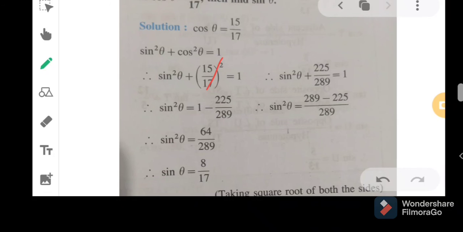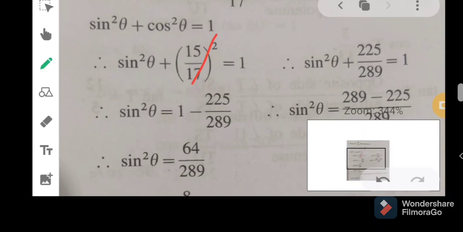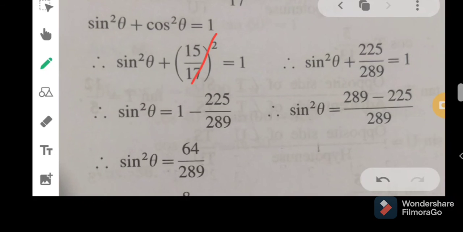Similar to the last example, we substitute the value of cos theta in this expression and find sin theta. Sin square theta plus cos square theta equals 1. This is our identity. But cos theta is given as 15 upon 17, so square of it: sin square theta plus (15 upon 17) square equals 1.